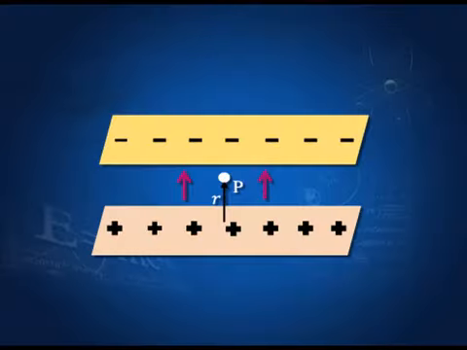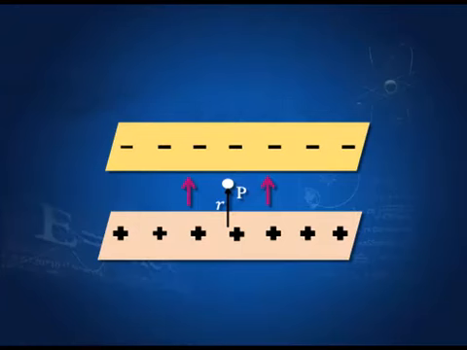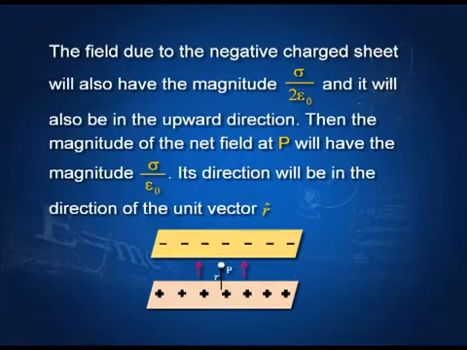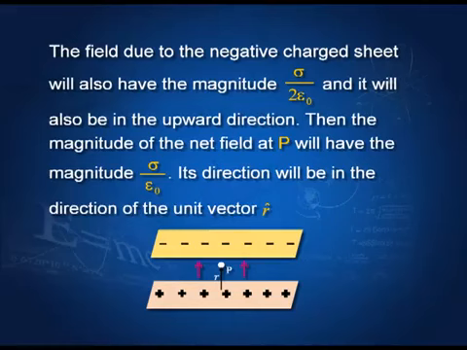It is away from the sheet for the positive charge, it is towards the sheet for the negative charge. So, both the fields are actually in the same direction, and they are added. The field due to this is sigma by 2 epsilon 0, the field due to this magnitude is also sigma by 2 epsilon 0, you add them up and you get the field inside at point P.